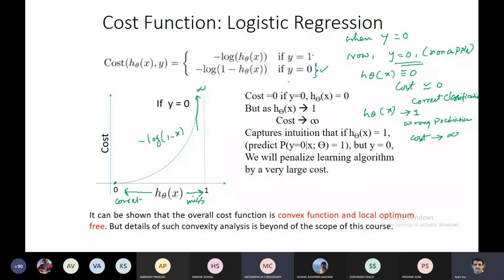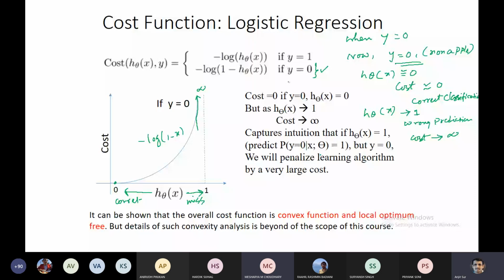The way we define this cost function is very analogous to likelihood estimation. I'm not going in that way, but those who know statistics very well will recognize it.